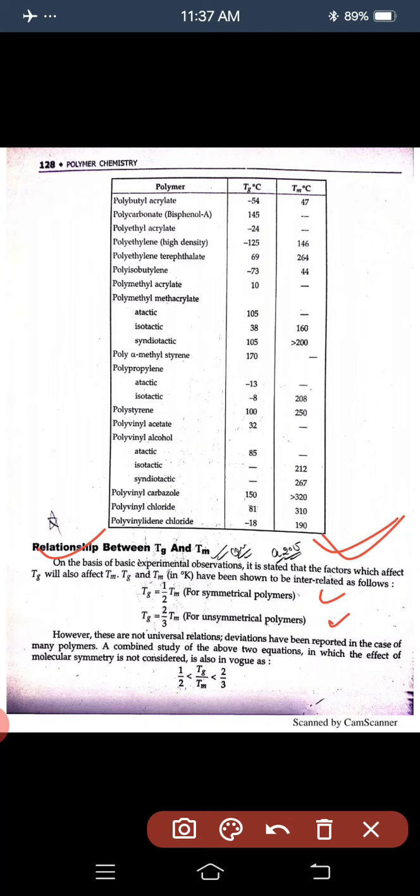However, these are not universal relations. Deviations have been reported in the case of many polymers. A combined study of the above two equations, in which the effect of molecular symmetry is not considered, gives half is less than Tg upon Tm is less than 2/3.